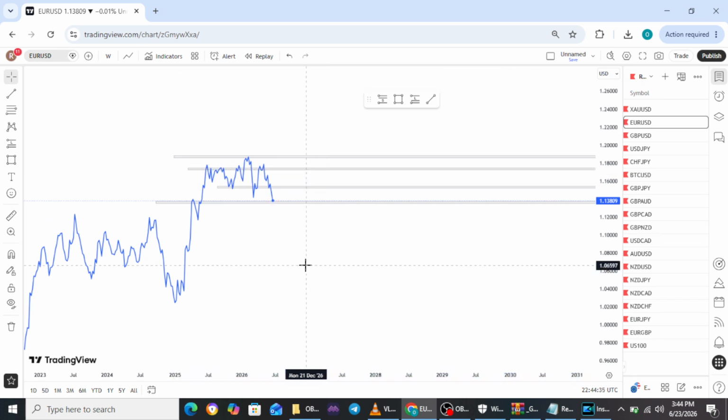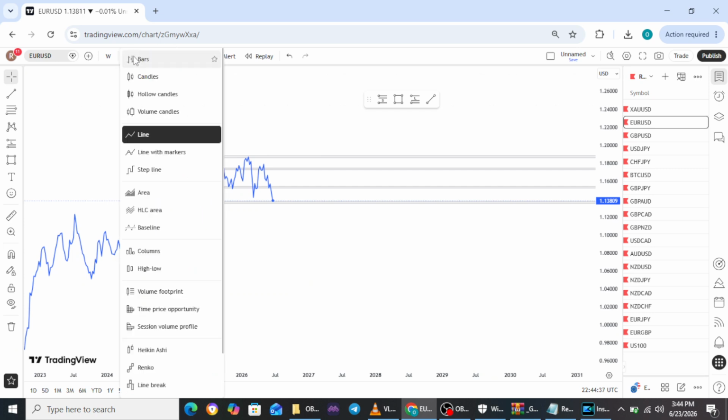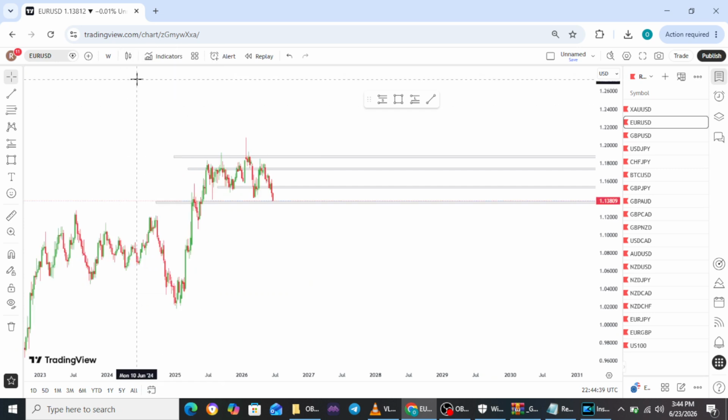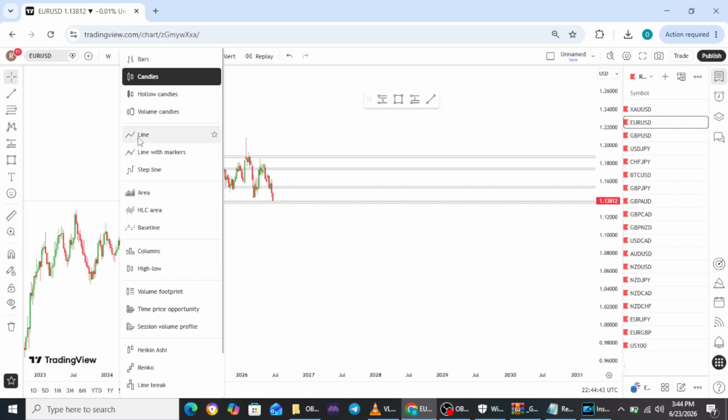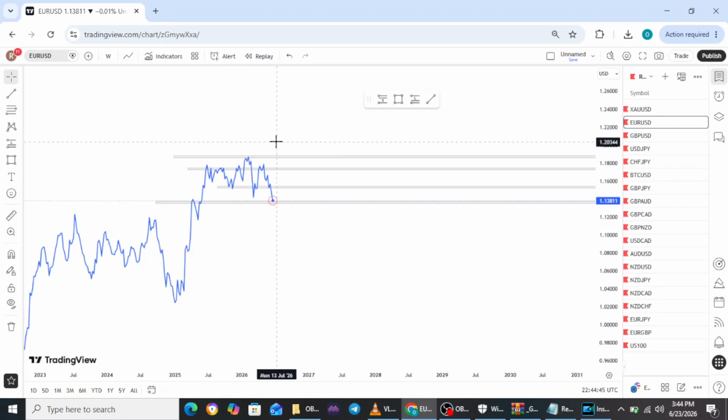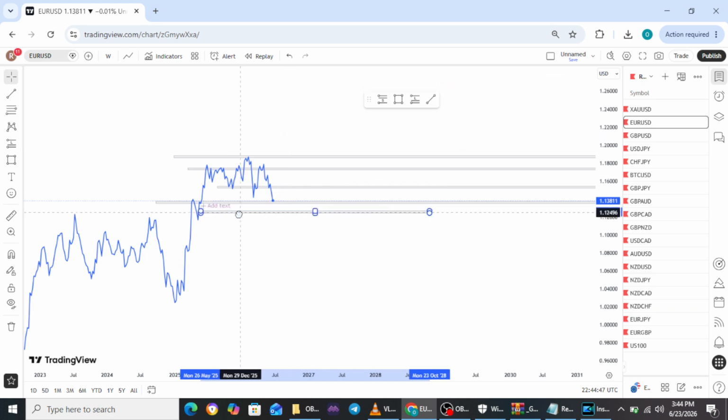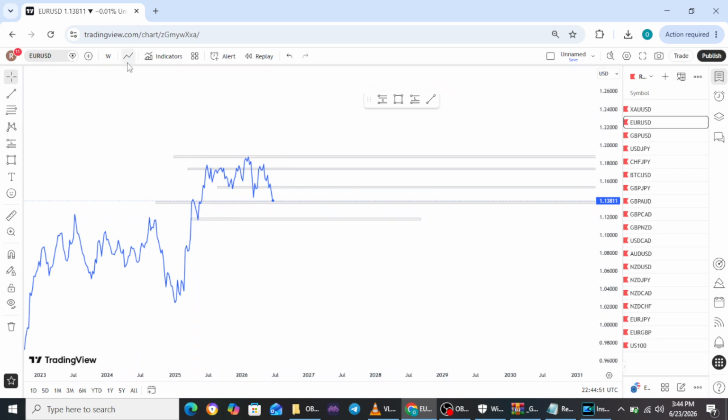Now, when you are done, you can go back to your candlestick. Okay, let me add one more. Then go back to your candlestick. Now, we have gotten our major structure. I recommend you use this pattern. It is quite accurate.